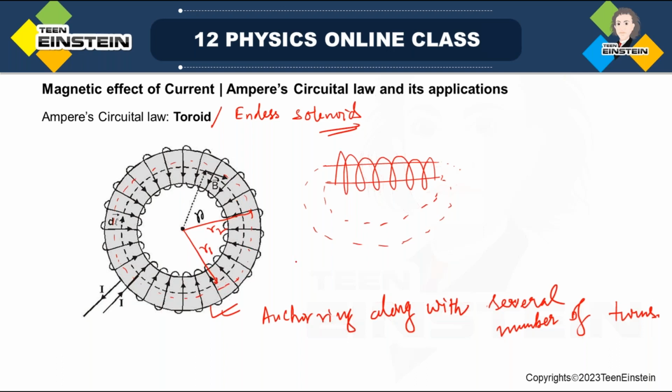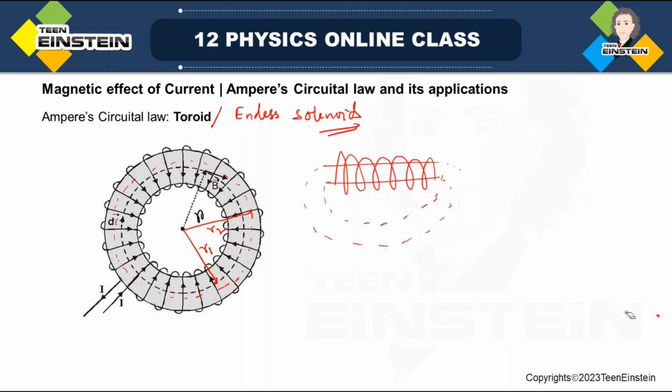So here you get a fixed magnetic field, and the magnetic field lines will always be inside the solenoid.